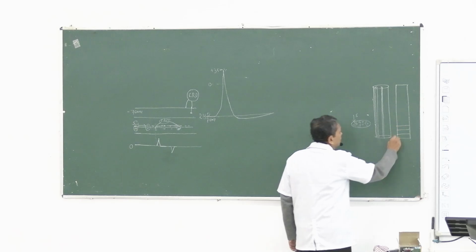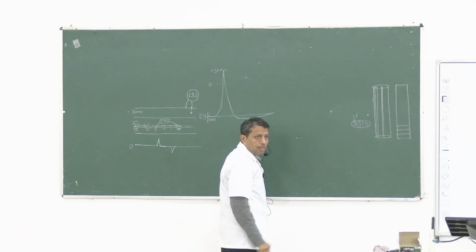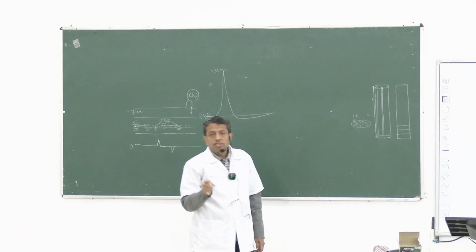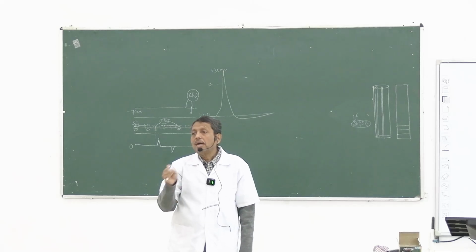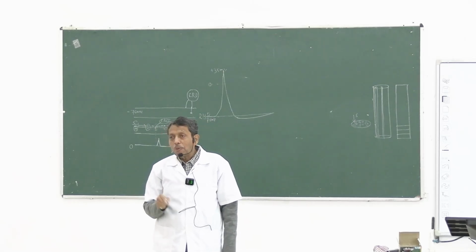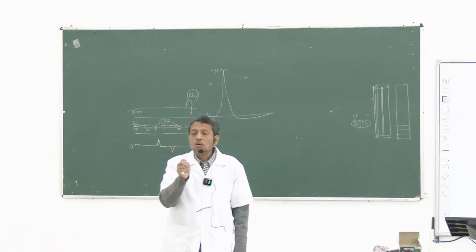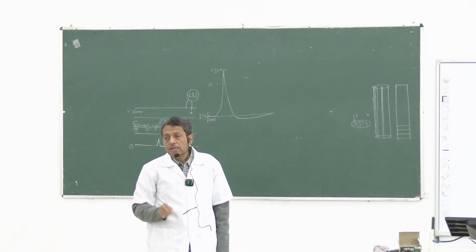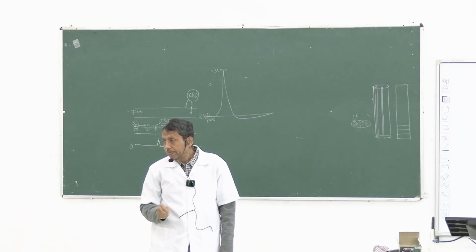suppose these are the sub-threshold values, then you cannot record any action potential at a distance. When there is sub-threshold potential, that is, none of the fibers is stimulated, there is no propagated action potential. You can record the local response within a few millimeters of that structure, but at a distance there is no recording.